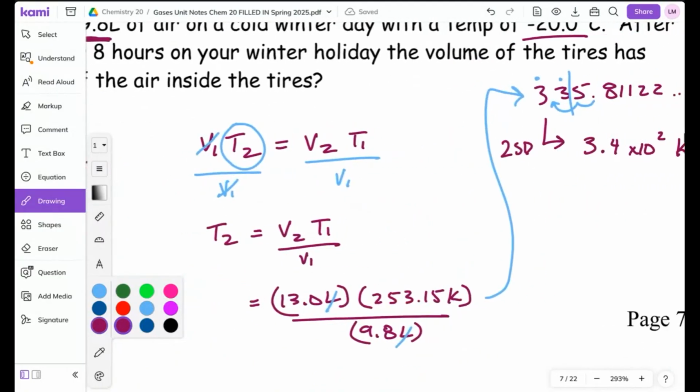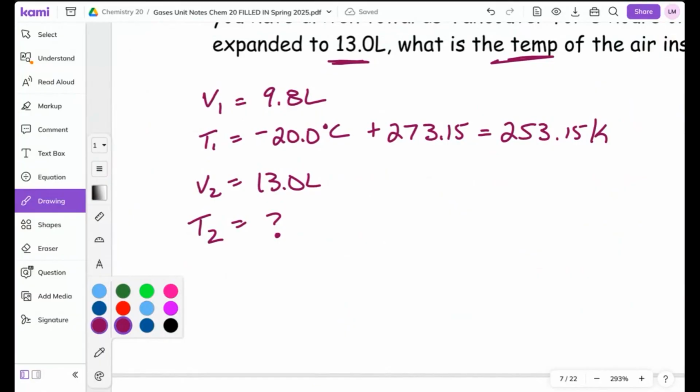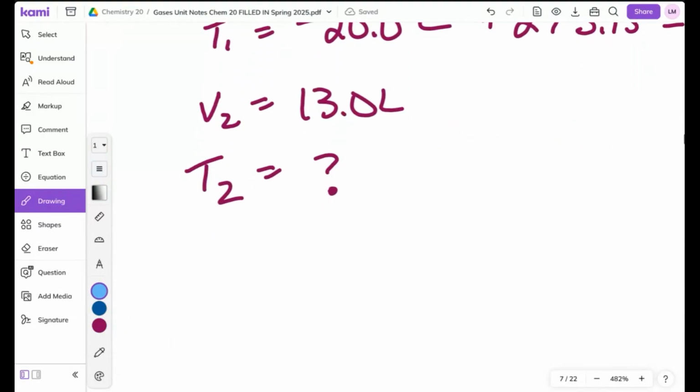Now, I'm just going to take a moment to write out what I said about scientific notation, just so that we get these in the notes.